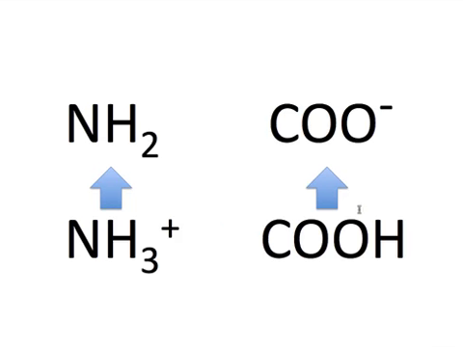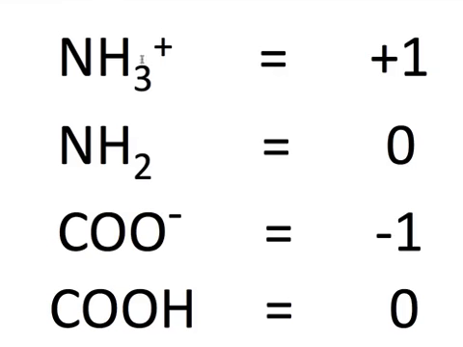And if you throw this in the basic one, he's going to knock that H off and look like this. So in dealing with net charge, you're looking for this positive or this negative here. The NH3 plus has a positive 1 charge. The NH2 has a 0 charge. The COO minus has a negative 1 charge, and this guy, if you get this form, has 0 charge.